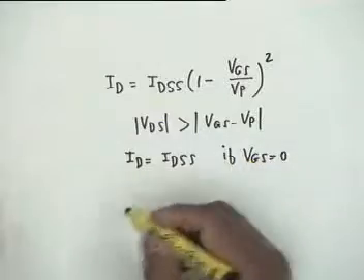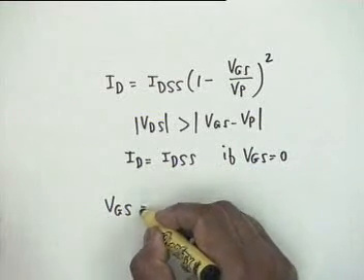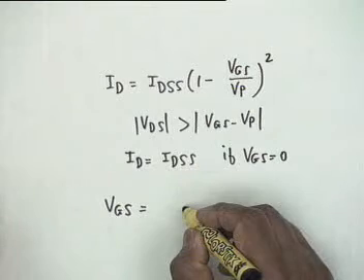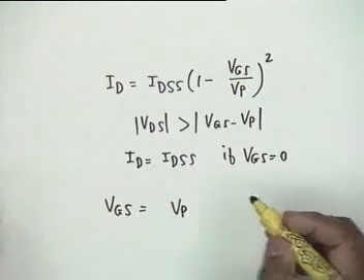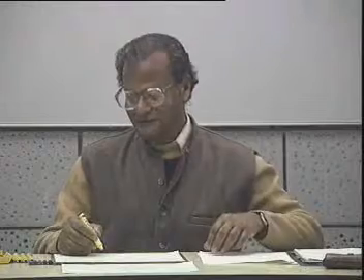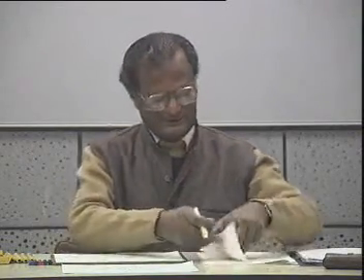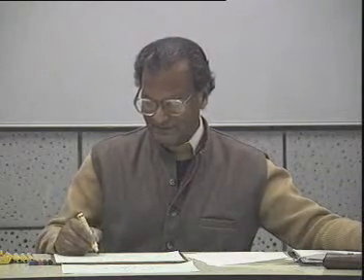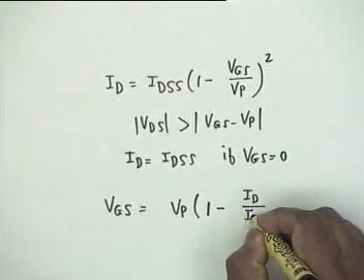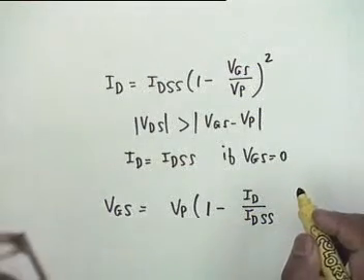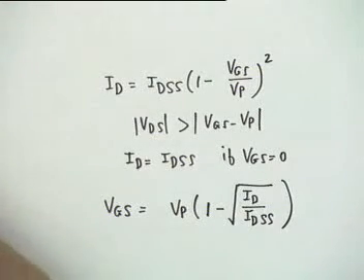From this relationship we can find out VGS as equal to VP multiplied by 1 minus the square root of ID by IDSS.